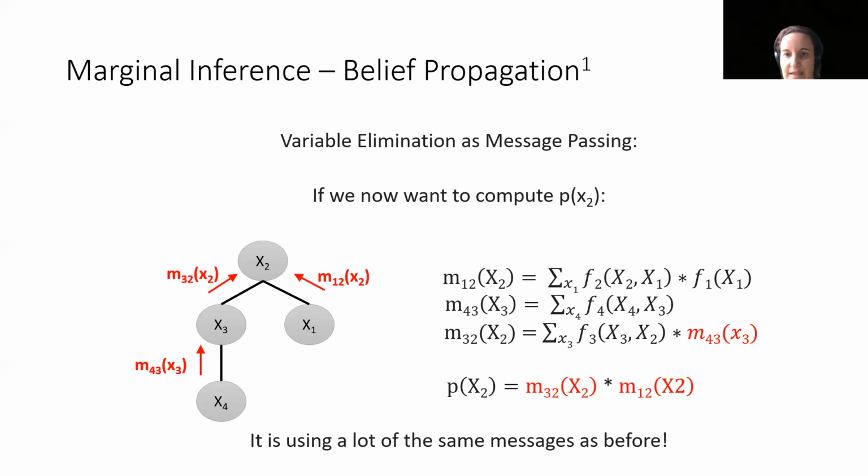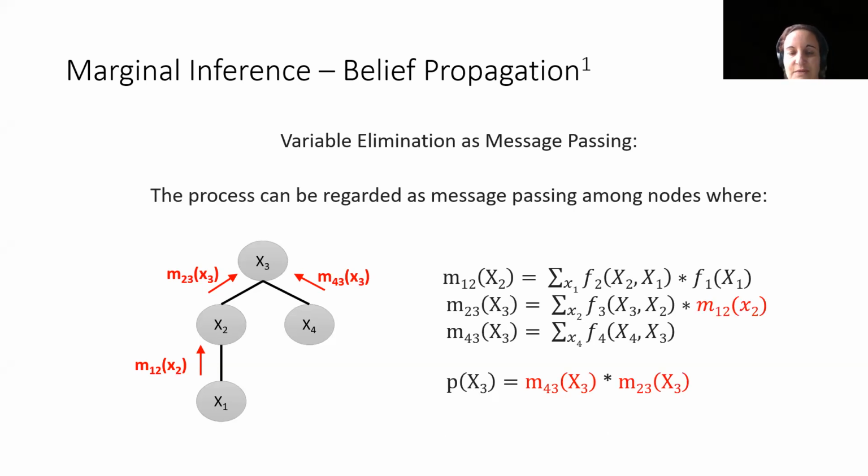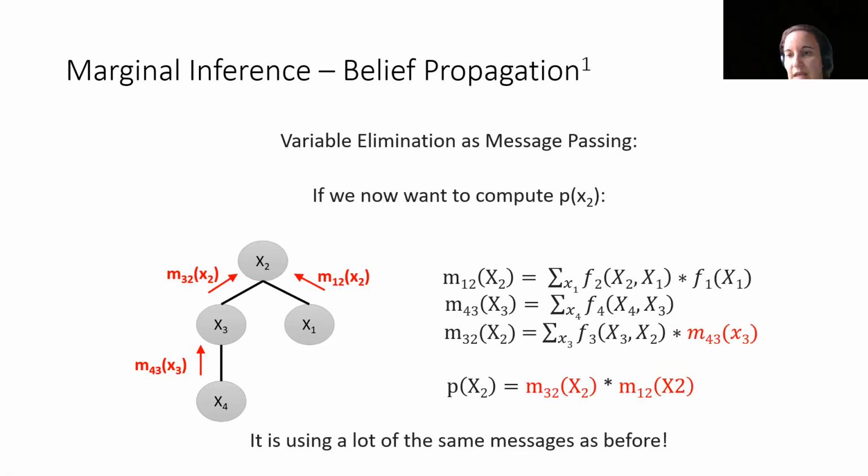And we'll do the same thing. Now, if somebody is astute, which is very hard because we go fast in the slides, they'll see that some of the messages, for example M12 or M43, are the same as in the previous step.